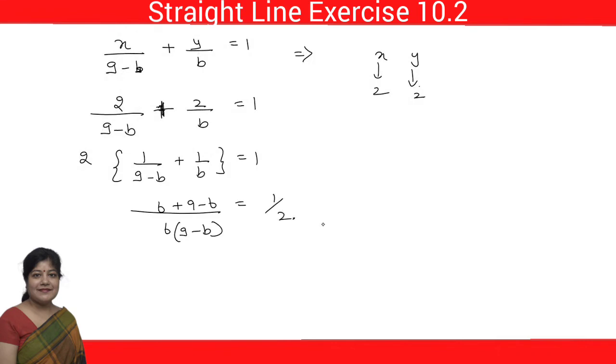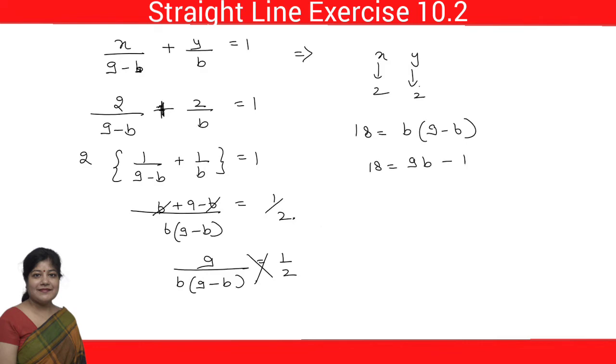And we have 1 by 2. Now cross multiply. Do you understand what I am doing? Bring everything on the right hand side. Now it becomes a quadratic. Take b as common.